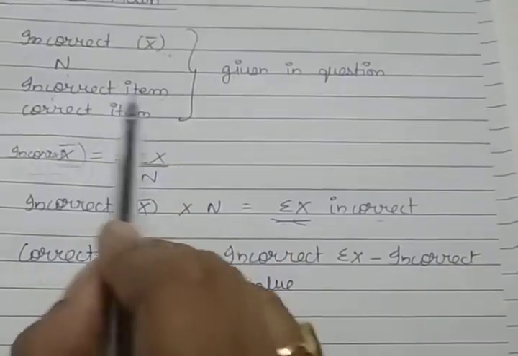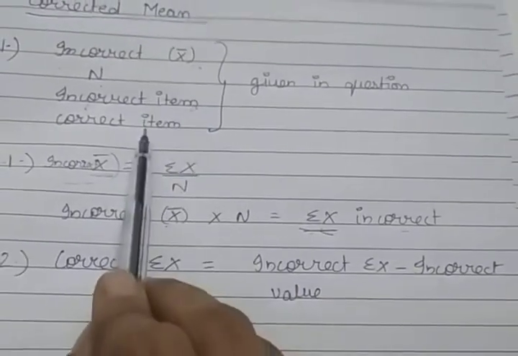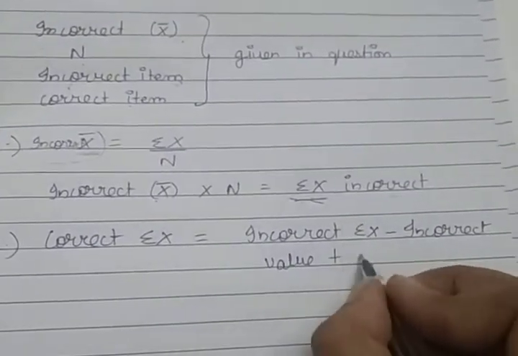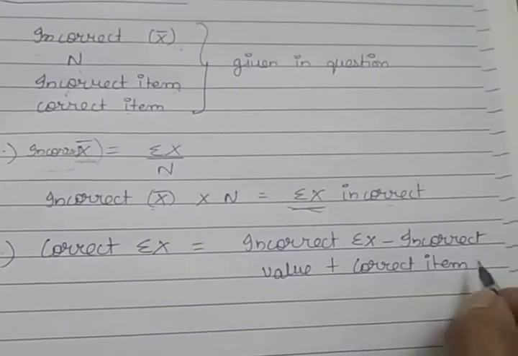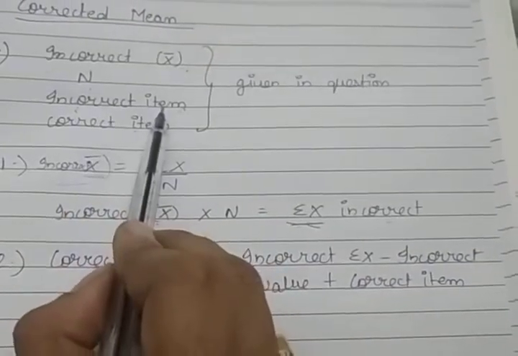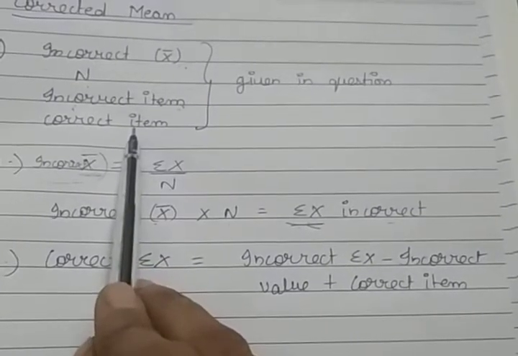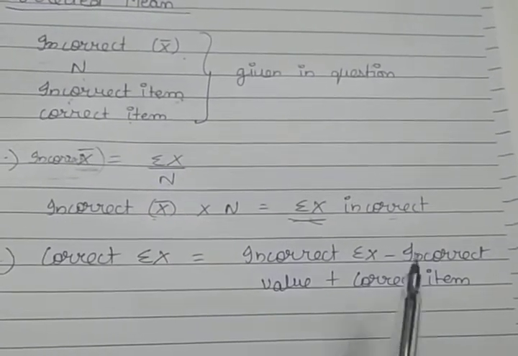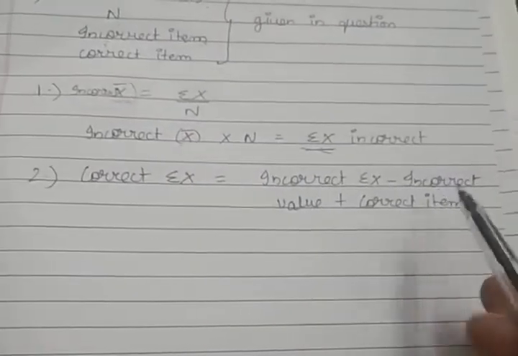Whatever the incorrect value is given to you, you have to deduct it, and if a correct item is given, add the correct item. If two incorrect items are given, like incorrect items 2 and 10, then minus 2 minus 10, and if correct items are given, 12 and 1, then plus 12 plus 1. So whatever the number of incorrect or correct items given to you, just put them over here.